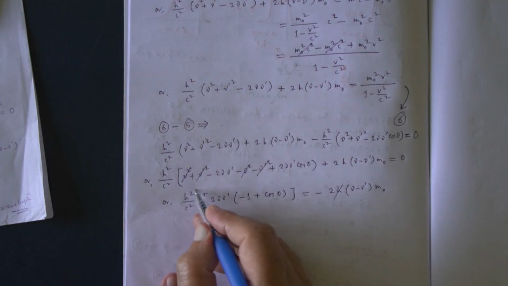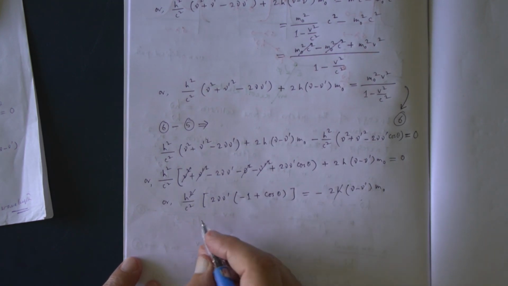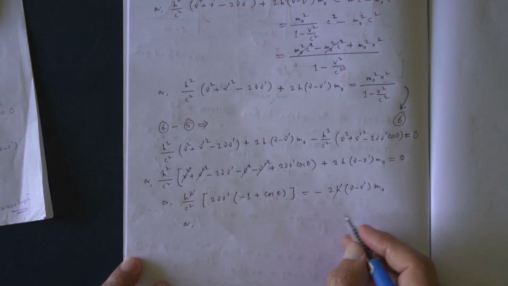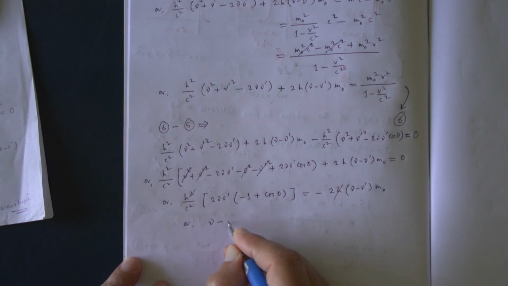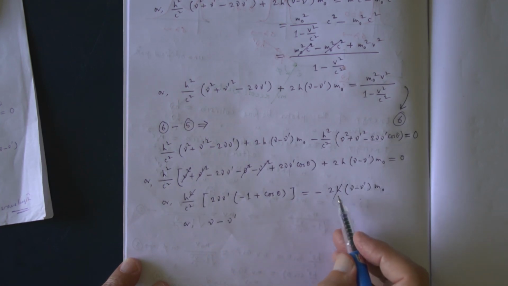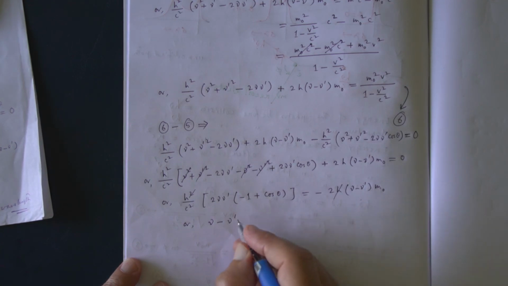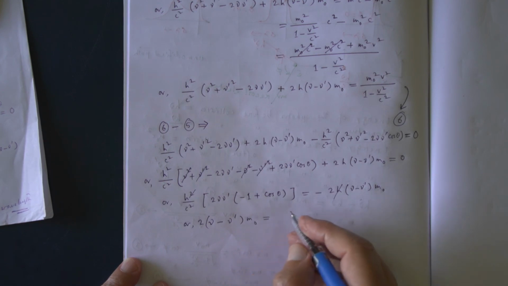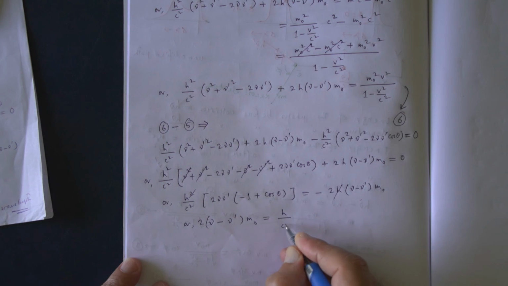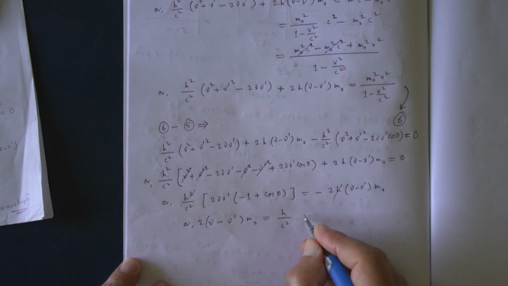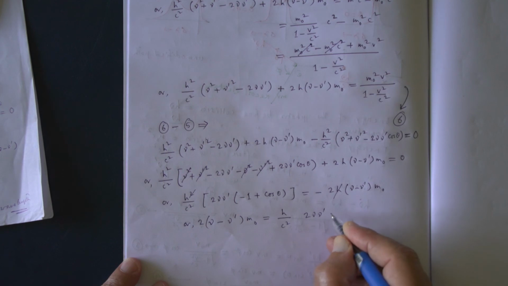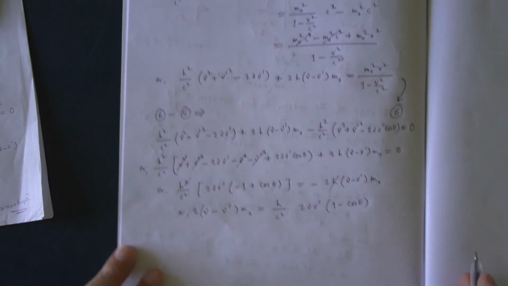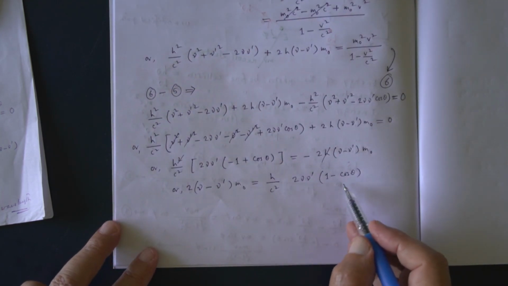Now this will cancel, so (ν − ν')m₀ equal to (h/c²) ν' (1 − cos θ). Okay, just reversing, we will get 1 − cos θ.